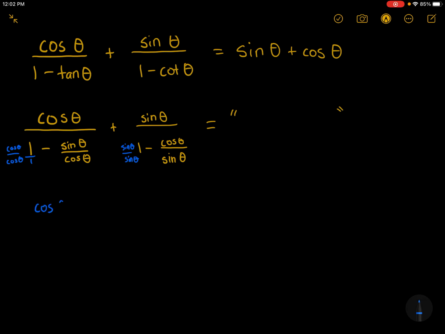So we get cosine theta over cosine theta minus sine theta over cosine theta. That's what we get for this first fraction. For the next one, we're going to get plus sine theta divided by sine theta minus cosine theta divided by sine theta.